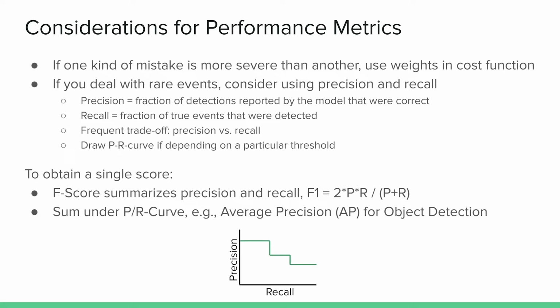Therefore, this sum under the curve is a really good metric to be meaningful for your metric. One thing that goes into this idea of summing the values under the curve is the average precision if you're using object detection. And it's basically the idea that you're summing the curve under this precision recall thing for each class.